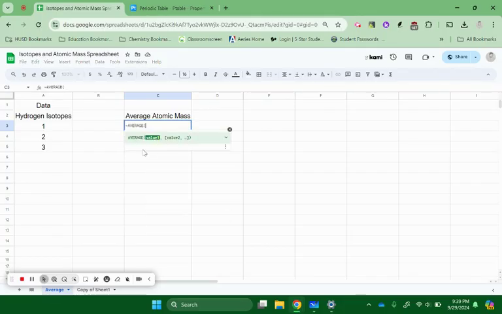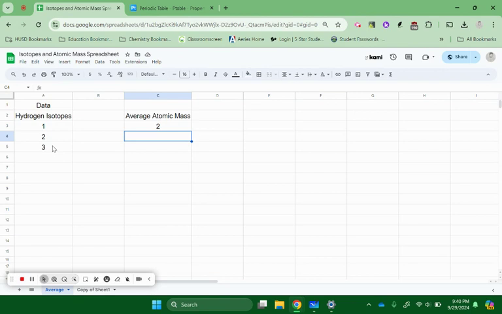See it right there. And then I'm going to highlight those three and hit enter. And look, if I take the average of the three isotopes, I get an average atomic mass of 2. And that kind of makes sense, right? Because 2 is in the middle of 1, 2, and 3, right? So that does make sense.